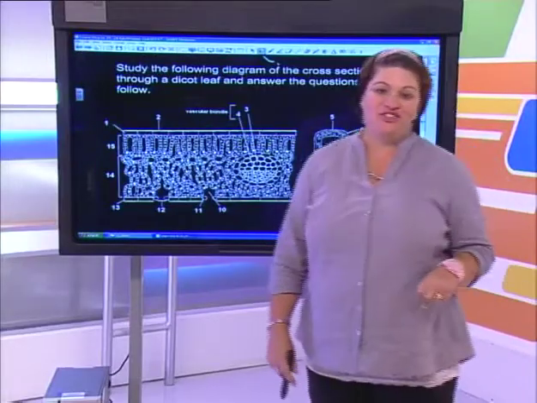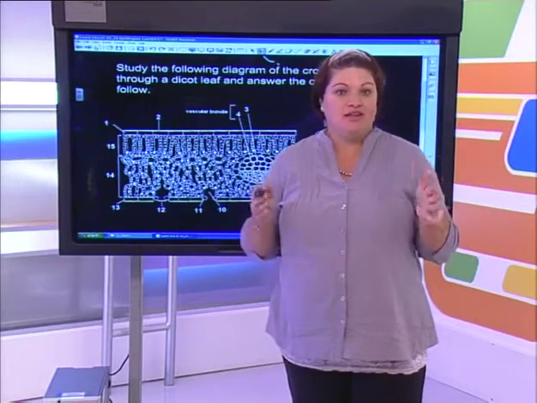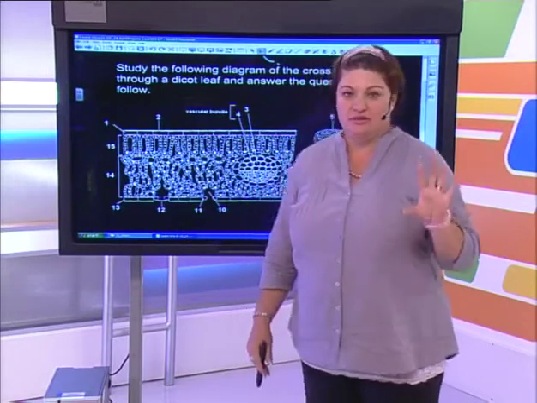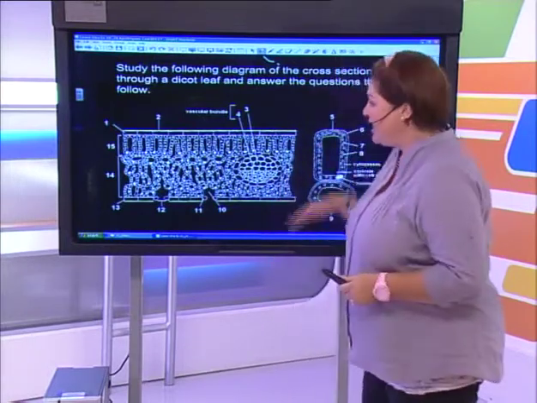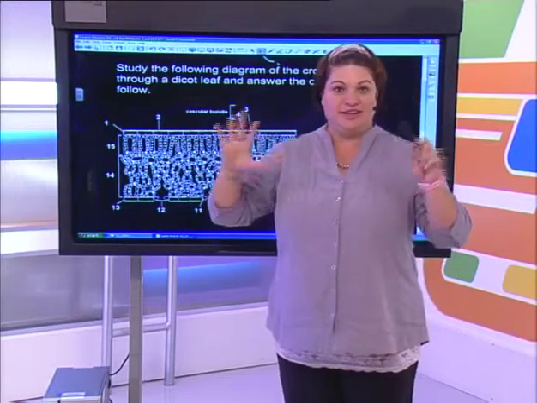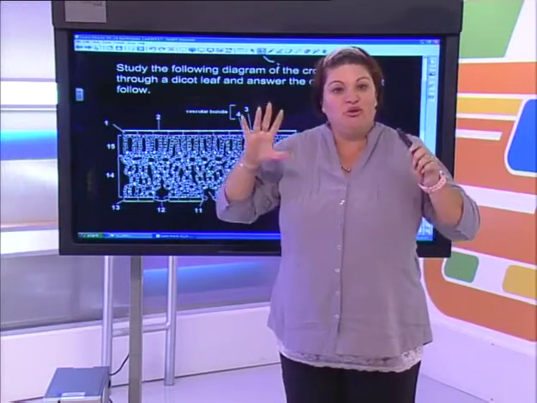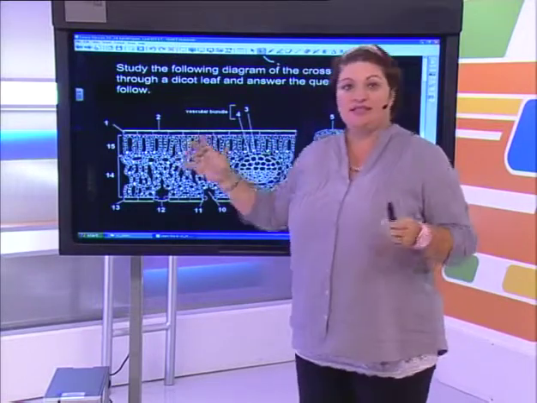Now we're going to start off with looking at the types of questions you can expect on the leaf. I know exams and tests are the least of your favorites, but at least we need to get you prepared. When we look at the question, you always need to use pictures. Here is a diagram.